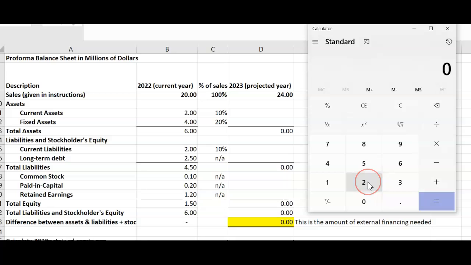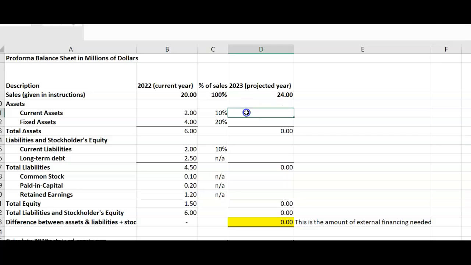I've got sales of 24 million, and I'm going to multiply by 10%. That means that my current assets in 2023 should be 2.4 million. What I'm doing again is taking the sales figure and multiplying by these percentages. I want to keep these percentages consistent based on what my sales are.